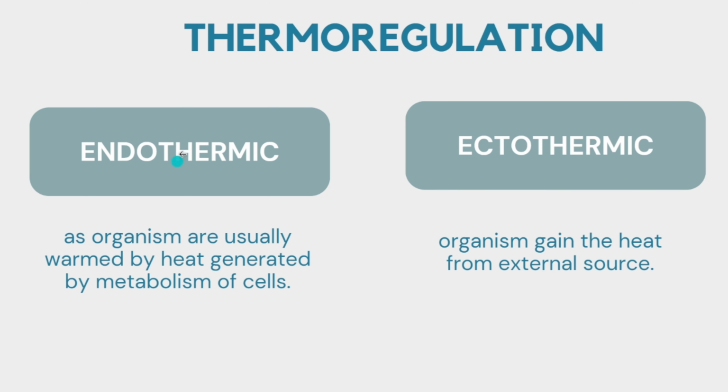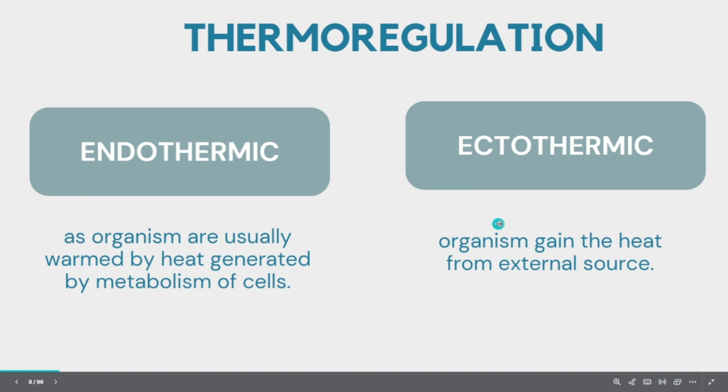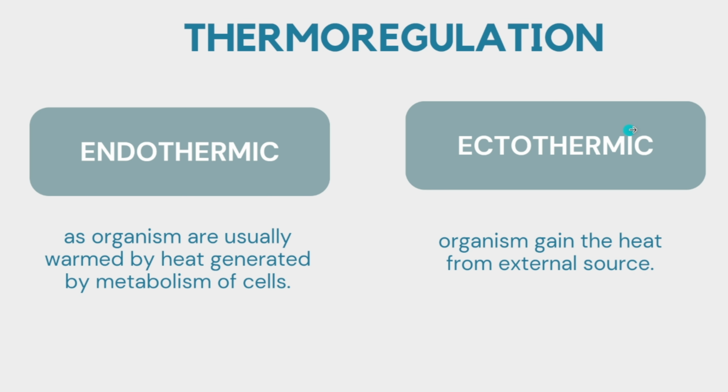In simple words, for an endotherm, even though the environmental temperature increases, your internal body temperature stays constant. But for ectotherms, like snakes and reptiles, their body temperature changes based on the environment.